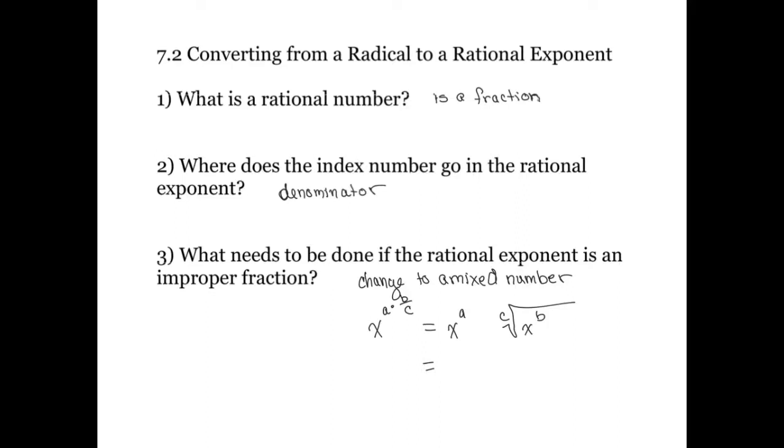But in terms of keeping it as a rational exponent, we change it to x to the a times x to the b over c, like that. So we basically undo the product rule. Sorry, this shouldn't be a times right here. It should be a and b over c, so this should be a plus right there.